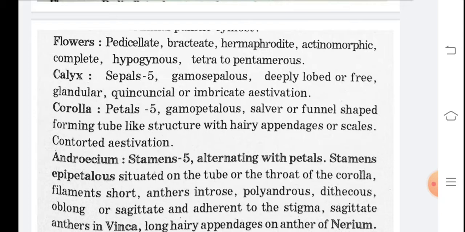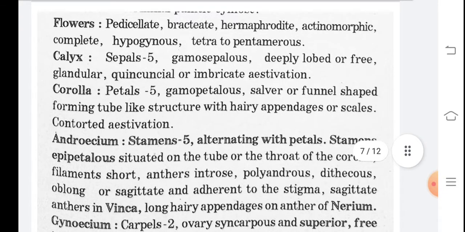Corolla petals 5, gamopetalous, and this type of corolla is called a funnel shaped corolla or salver shaped, right? It is strictly a narrow tube, the corolla tube is there, so it is called salver.